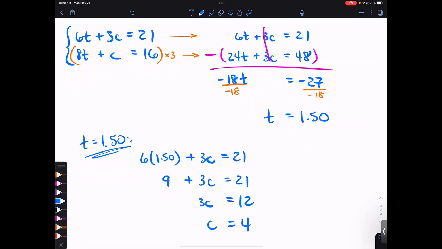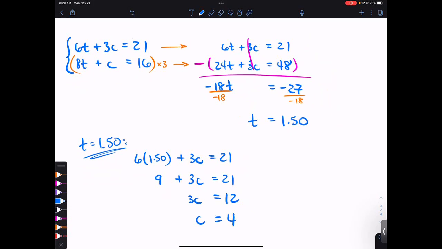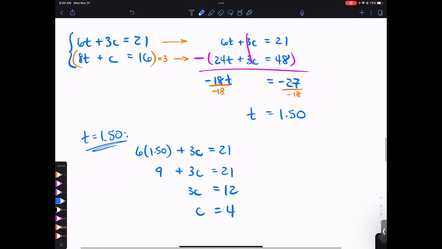So C is 4. So the solution to this, the one and only time that these two equations are both true at the same time, is when T is 150 and C is 4.